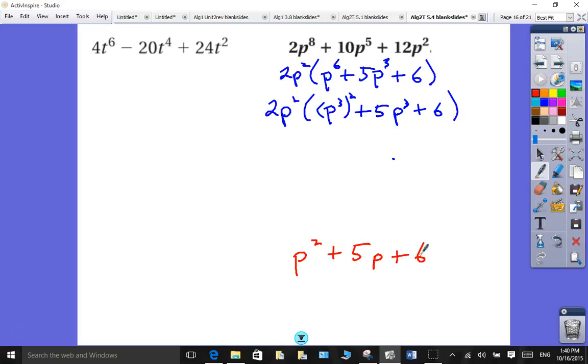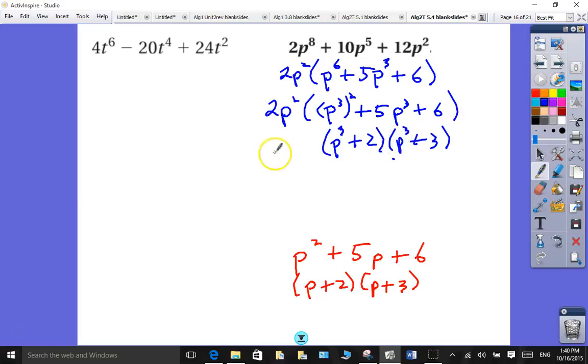2 and 3, right? So if it was a quadratic, it would have factored like p plus 2 times p plus 3. Okay, but it's not a quadratic. It's still going to have the plus 2 and the plus 3, but what's the first term? It's p to the 3rd. Because if I FOIL these two, I get back to this right there.